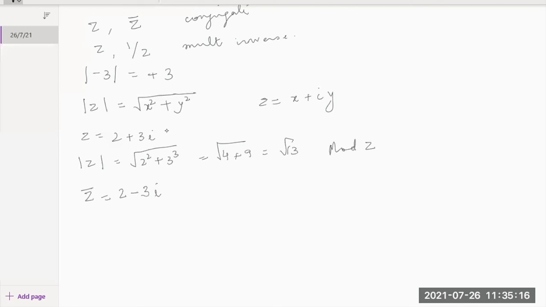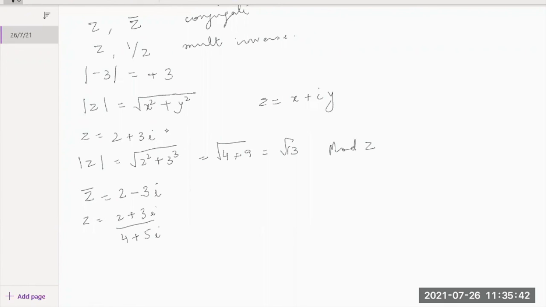Now, there are certain properties also which you need to observe over here. Supposing your z was given to you as, let's say, 2 plus 3i upon 4 plus 5i. You have already learned just now that the division of two complex numbers gives you again another complex number.